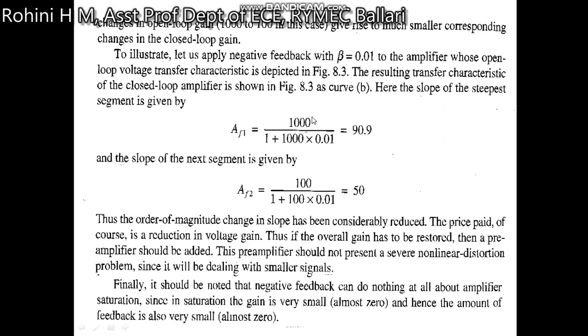Here when A is considered as 1000, we get this. When A is considered as 100 with beta value 0.01, we get 50. So thus the order of magnitude change in the slope has been considerably reduced. So what happened here, just by changing this gain, we have got a considerably reduced gain change. The price paid, of course, is the reduction of voltage gain.